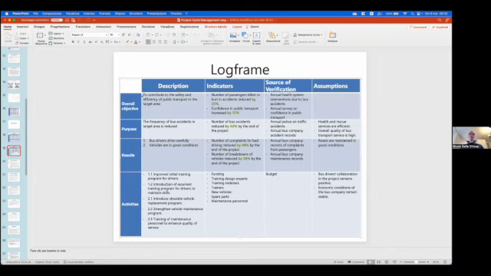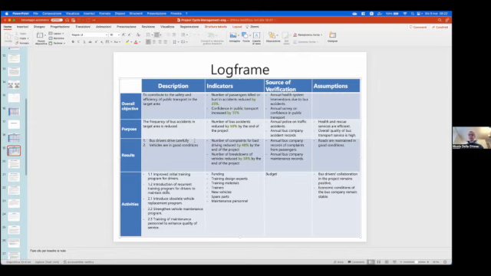These sections are directly derived from the objective tree. Now, the new parts to be filled in are the activities and all the rest of the log frame. The activities should be derived directly from the results.